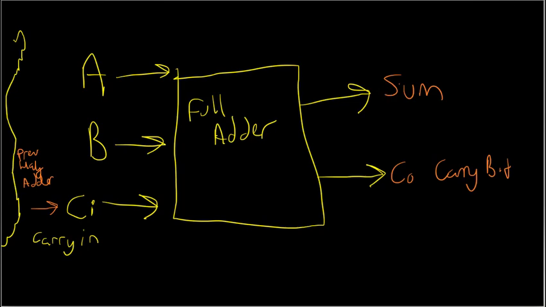So if we were going to do a binary addition, let's do one down here in the corner. Let's do 11011 plus 10001. We would have 1 add 1, which gives us a 0, and what we're going to do is we're going to carry a 1.